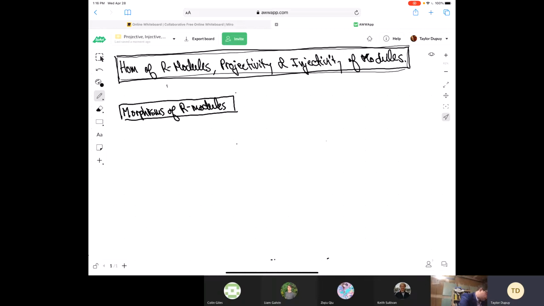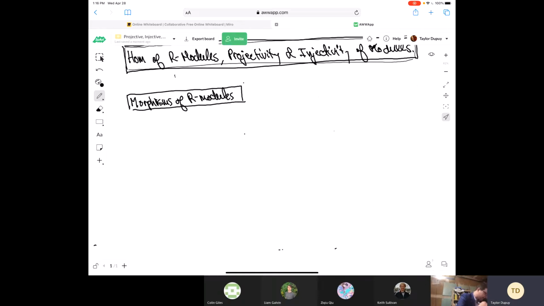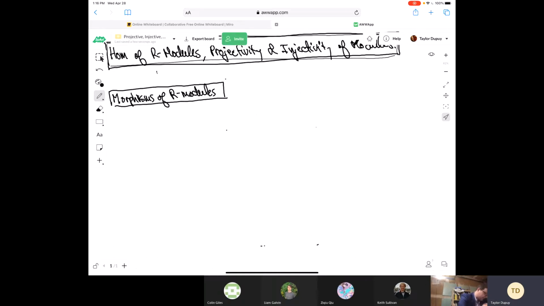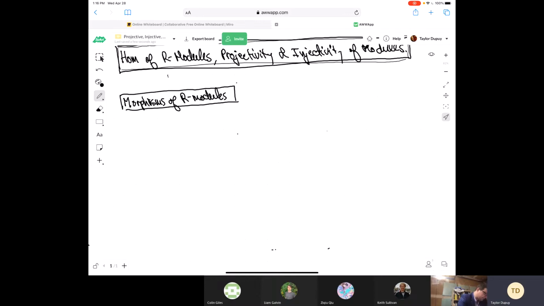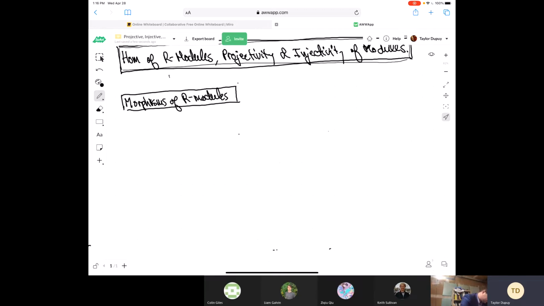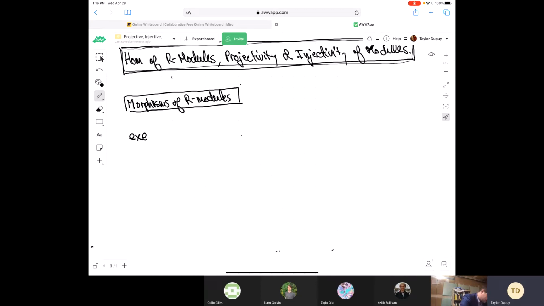The key thing that gets all of this going is that if you have two R linear maps, maps of R modules, then, so maybe I can call this an exercise, you can add, and actually you can multiply maps of R modules, well, if they're endomorphisms. Let me just write this down.